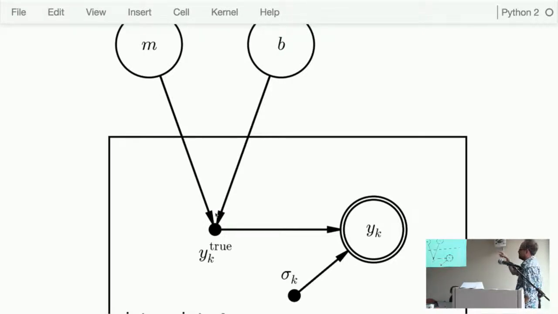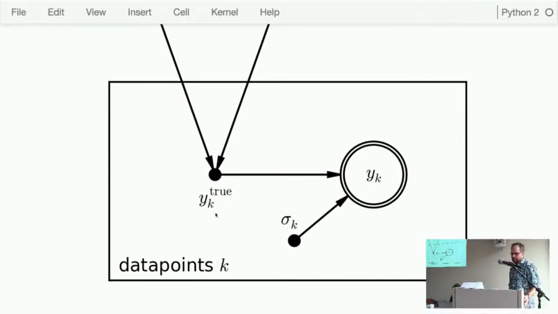Okay, so this is the recipe for the forward model, and it's a forward model that includes drawing an m and a b from some probability distribution. So this is the general forward model for any straight line data set. What does the box do? The box reminds us that we're doing this for a set of data points k.